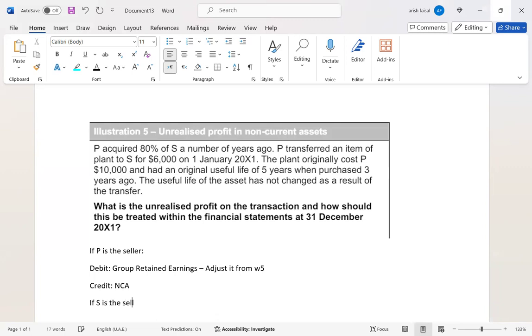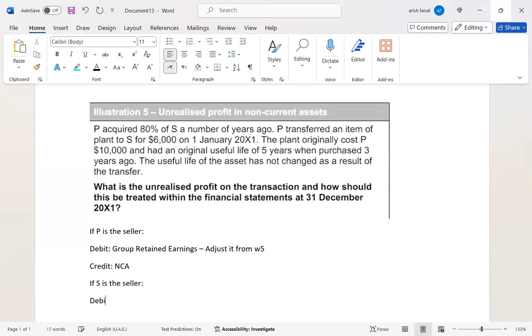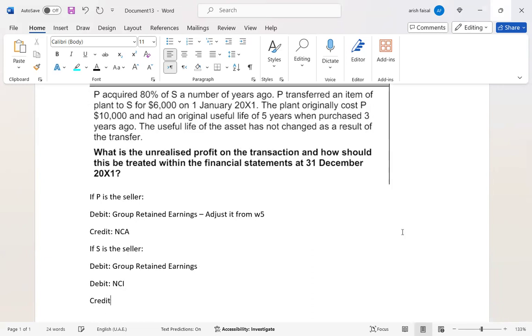So if the subsidiary is the seller, then we don't only debit the group retained earnings, but we also have to debit the NCI, and we will credit the same non-current asset. So the non-current asset will be credited in both cases, but the difference is what will be the debit.